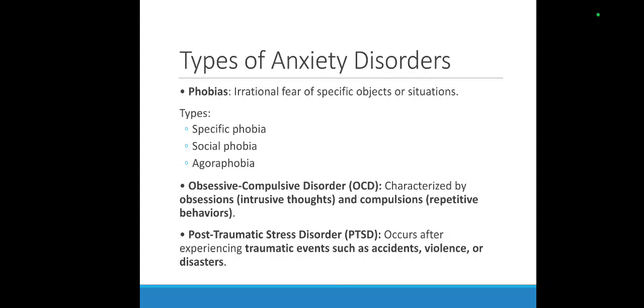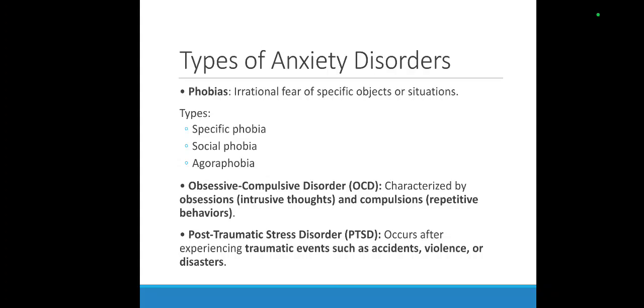So there's a specific object or animal or anything that you have fear against. Okay, we have your social phobia. This is a type of phobia wherein a person has fear of socializing or integrating themselves in their environment.